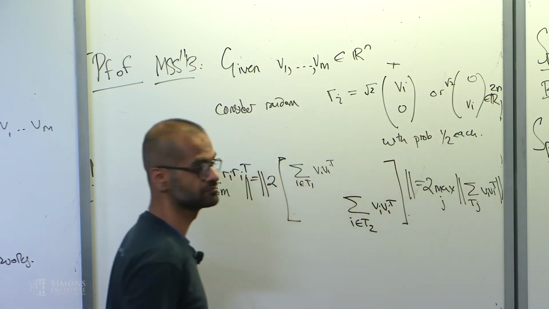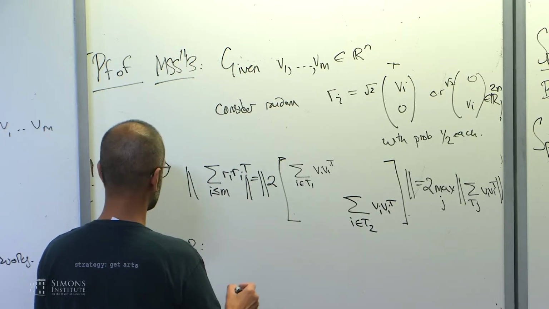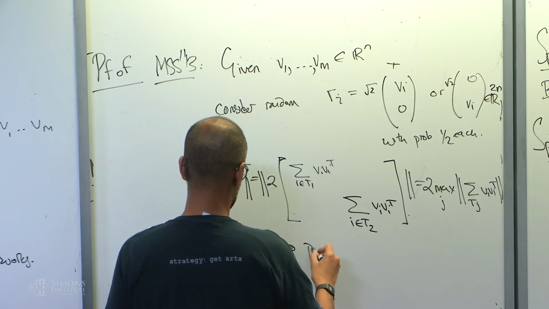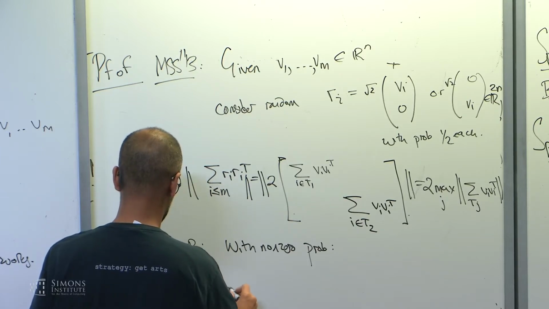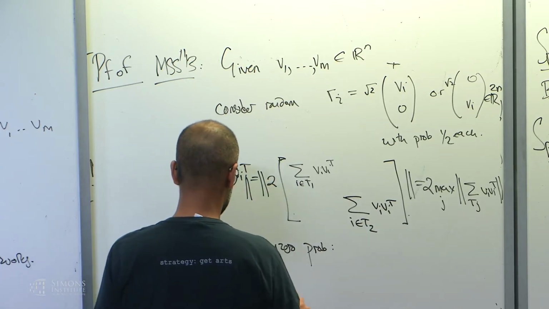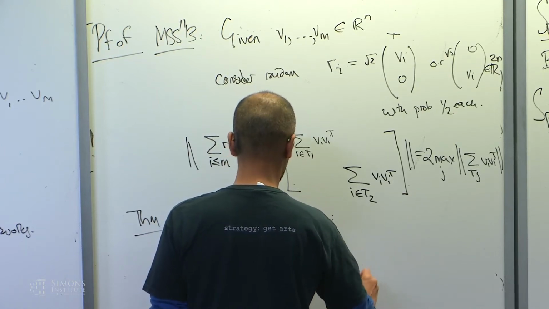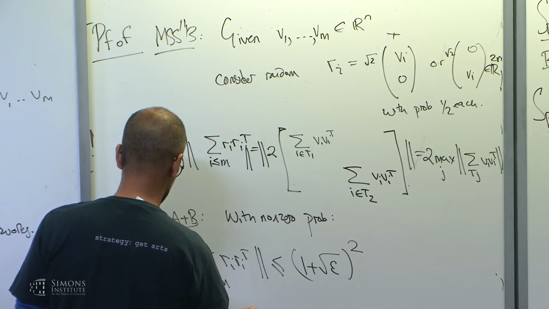Okay. Now what do theorems A plus B tell us? They tell us that with non-zero probability, this norm, which is the largest eigenvalue of this positive semi-definite matrix, is at most (1 plus square root epsilon) squared, where epsilon is the maximum trace of any of these covariance matrices.